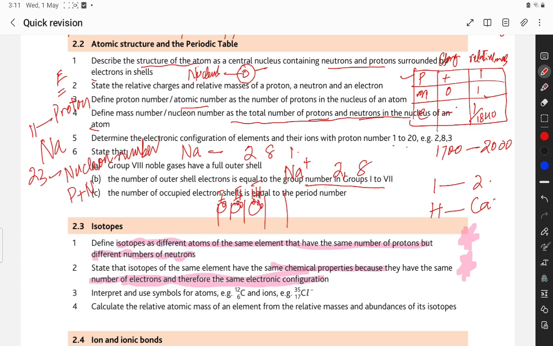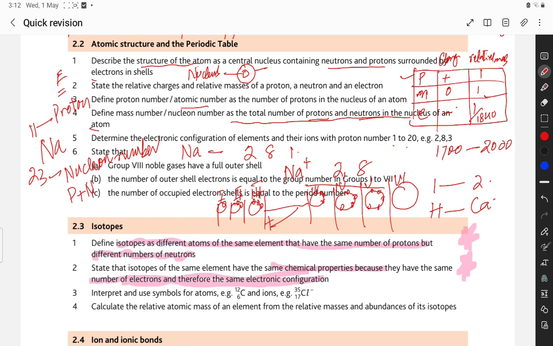Similarly, over here are the transition elements. Group 3 has 3 electrons in the valence shell, group 4 has 4 electrons, group 5 has 5 electrons, group 6 has 6 electrons, group 7 has 7 electrons.